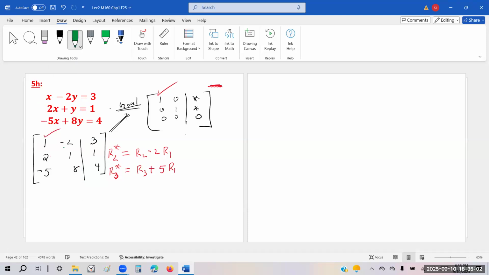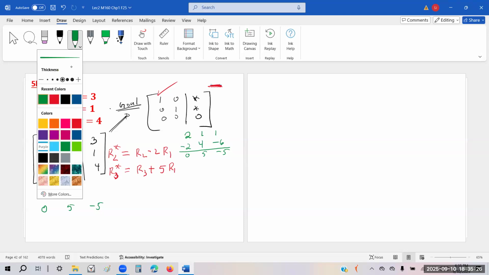So current row 2 is 2, 1, 1. Multiplying row 1 by negative 2 gives us negative 2, 4, negative 6. When you add, you get 0, 5, negative 5. So this is our new row 2: 0, 5, negative 5. We are also changing row 3.